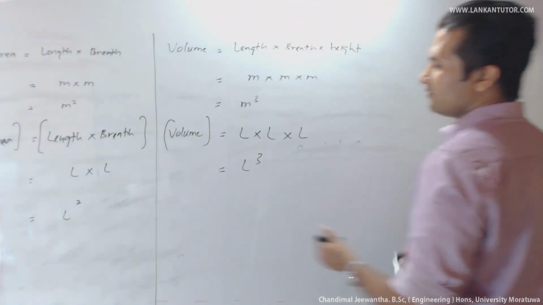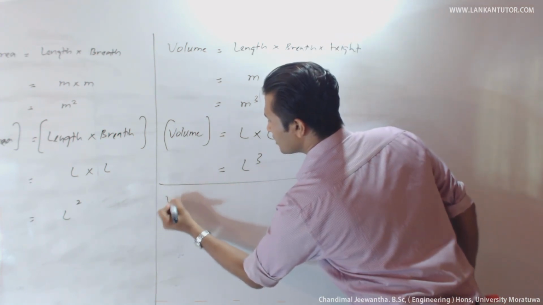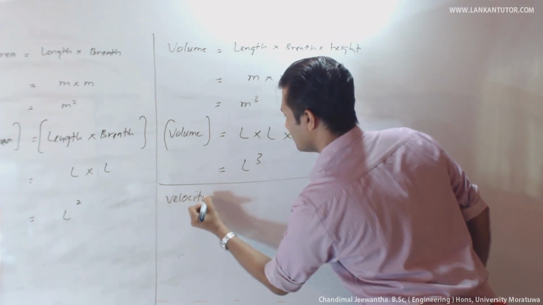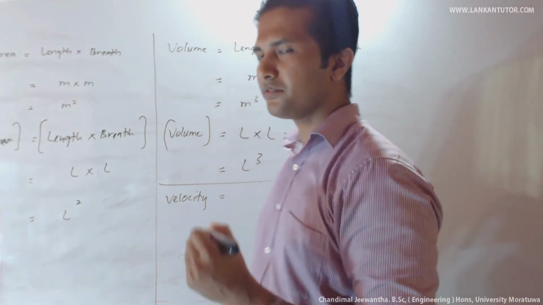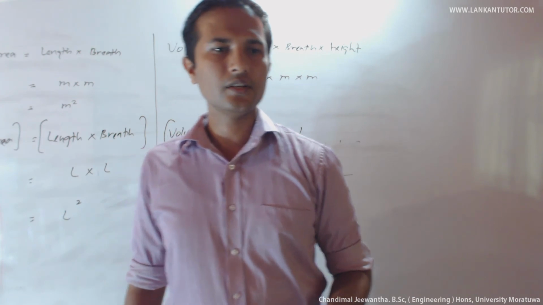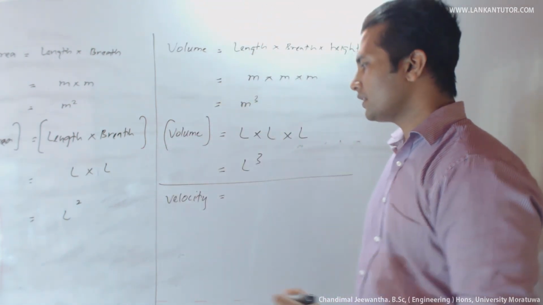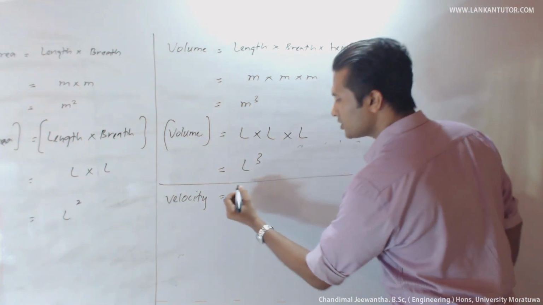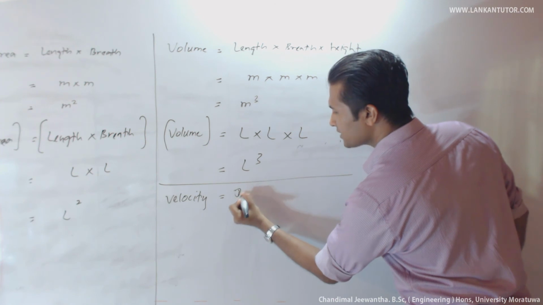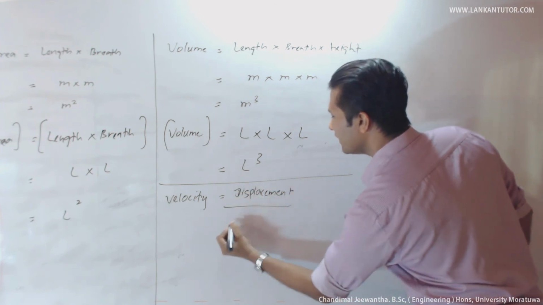Let's move on to another physical quantity, that is velocity. What is velocity? That is rate of change of displacement. According to the definition, how would you get the unit of velocity? So the equation should be displacement divided by time taken.